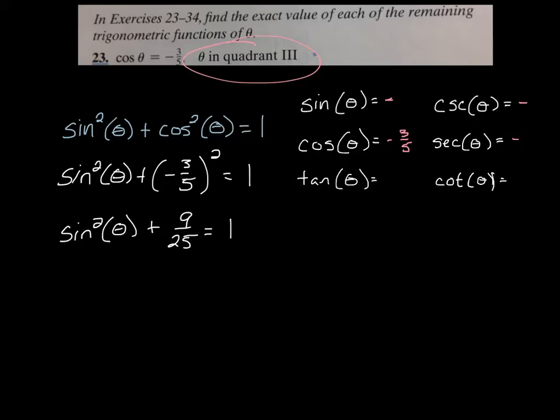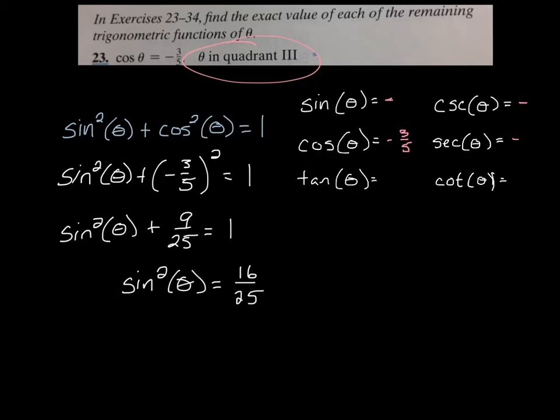I'm going to subtract 9/25 from both sides. When I do this, I need to remember that 1 is 25/25. So I subtract 9/25 from both sides. And again, it's 16/25 because 1, or 25/25 minus 9/25 gives me 16/25.